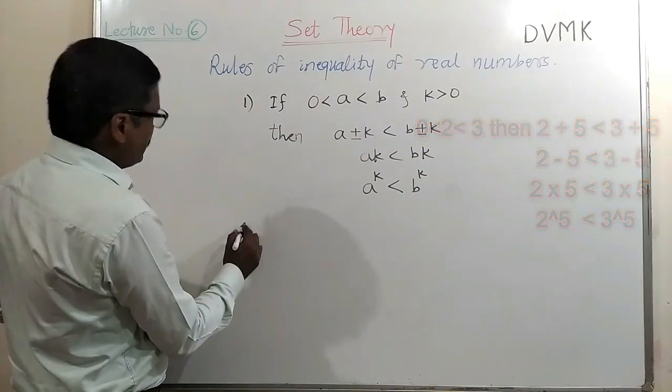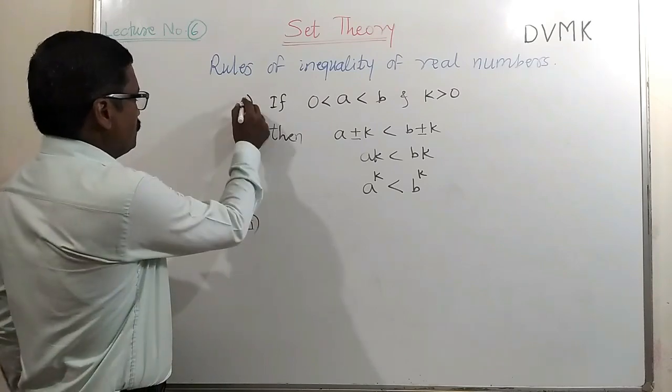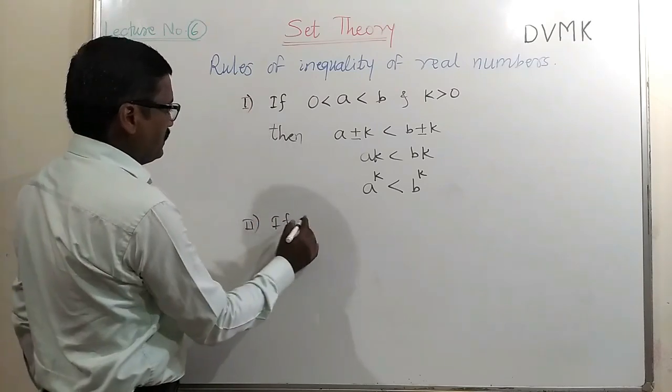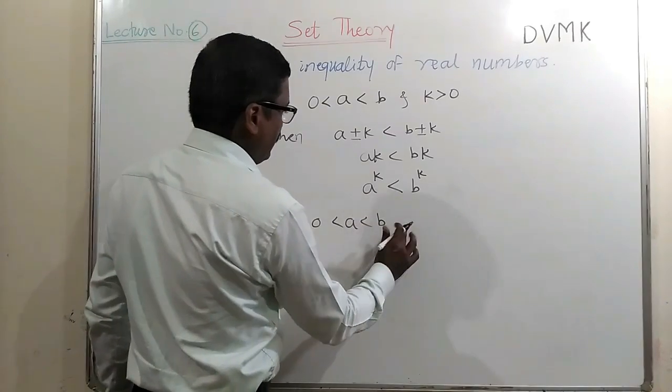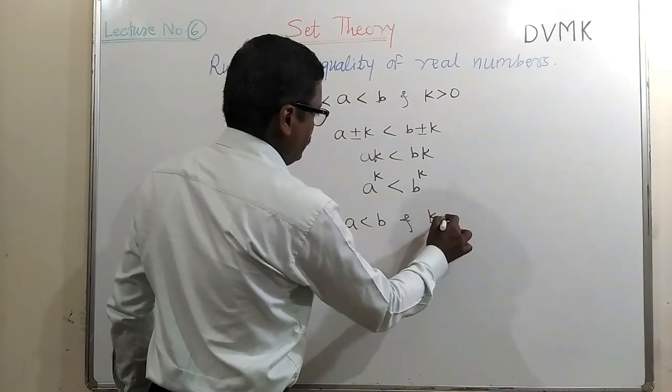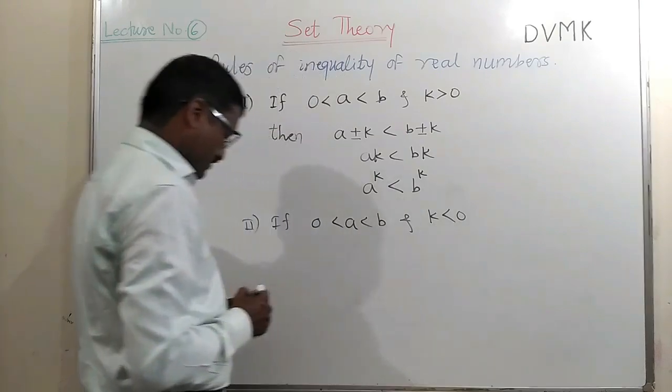In the second part, similarly, suppose 0 is less than A is less than B and K is a negative real number.